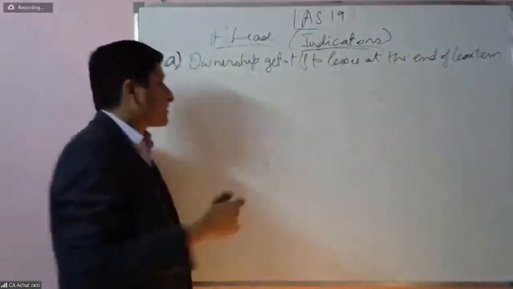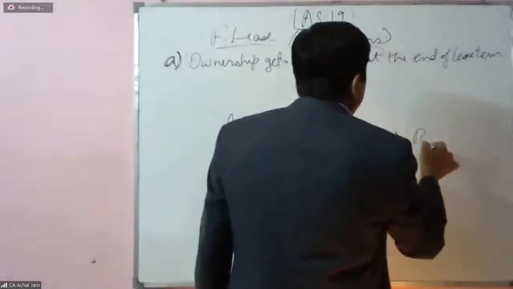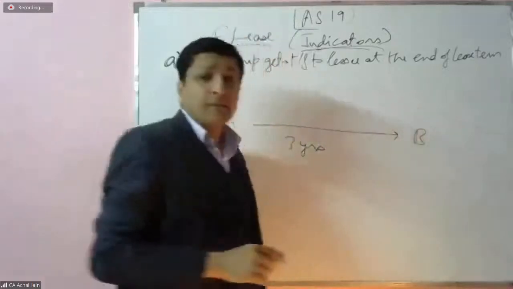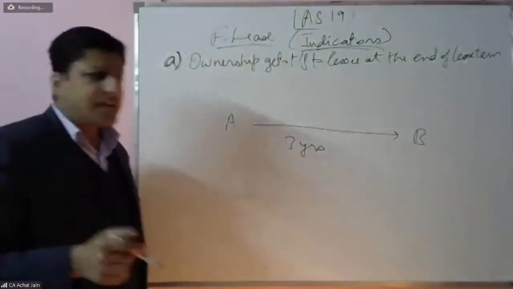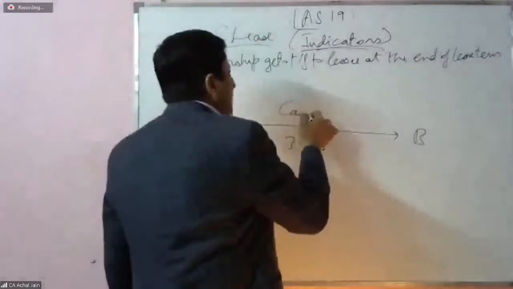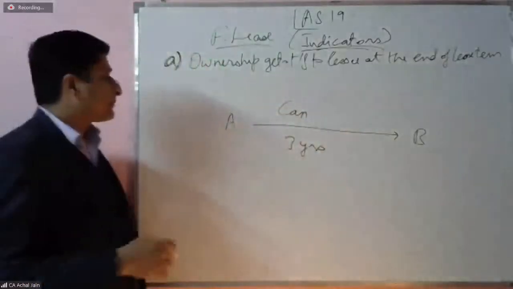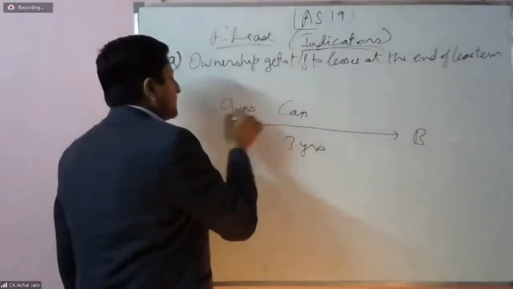What do you mean by this? Say A and B have agreed that over a period of 3 years, B will use the laptop. Or let's say car. Over a period of 3 years, B will use the car. Who owns the car? A owns the car.